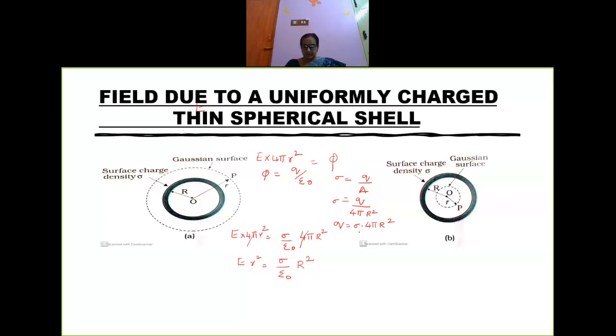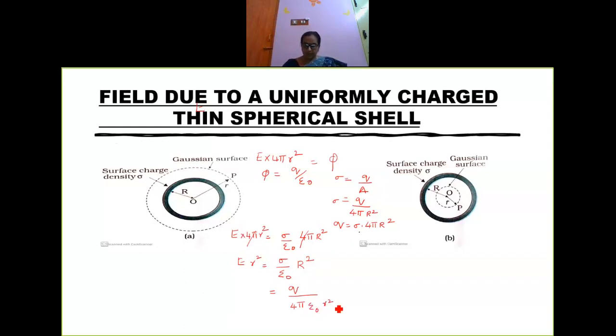Sigma is, I'll substitute. Now let me see here. When I simplify this, I will have Q by 4 pi epsilon naught r square.